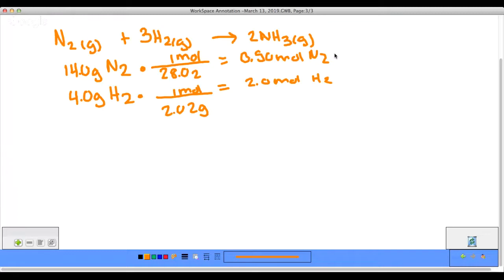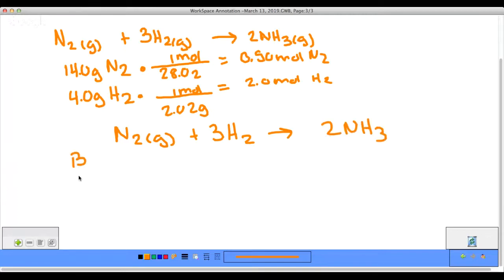Okay, so let's go ahead and look at our BCA table now. When we start up with our BCA table, we're going to have our reaction up top, and then on the side our before, our change, and our after. Our before is starting off with these amounts. So we have 0.5 moles of nitrogen and 2 moles of hydrogen.